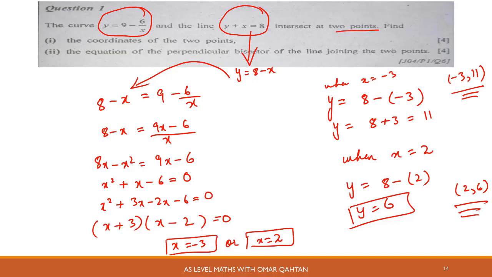Alright, in the next question, we have to find the equation of the perpendicular bisector of the line joining the 2 points. So these are the 2 points that I am going to write on the next page.